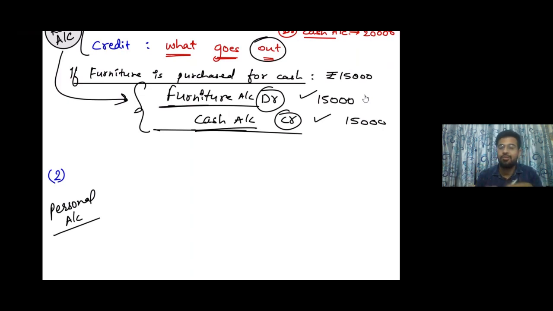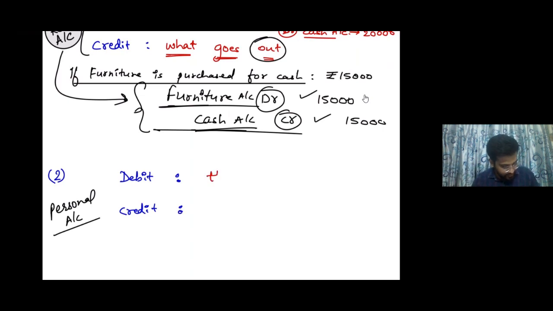So he is my what? He is my giver or the receiver. In this case, he is receiving the money from me. So I have again my two rules: debit and credit. If I have given money to someone else, the person who is receiving the money will be debited. So what is the rule?